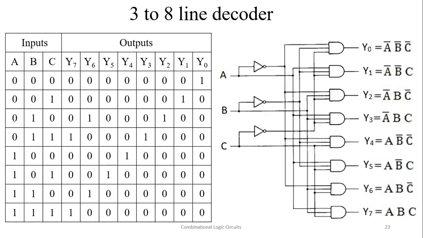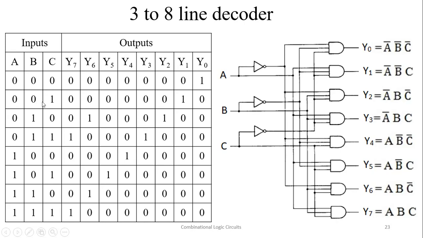3 to 8 line decoder, so we have 3 inputs and 8 outputs. Again for 3 inputs we have 8 possible code patterns: 0 0 0, 0 0 1, 0 1 0, 0 1 1, 1 0 0, 1 0 1, 1 1 0 and 1 1 1. If this code pattern is present at the input, then Y0 will be high and the remaining outputs will be low.